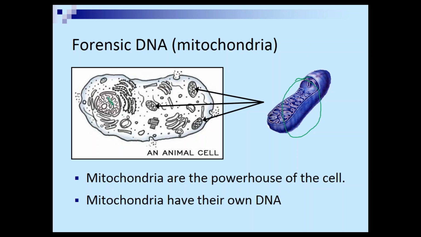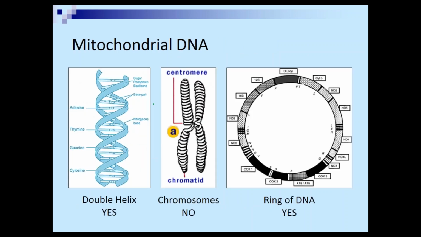So as opposed to coding for the proteins here, making the proteins here in the ribosomes, and shipping the proteins to the mitochondria, it essentially just does everything itself right on the inside. Okay, it transcribes, it translates, it makes the proteins, and then it uses them. So it needs its own DNA.